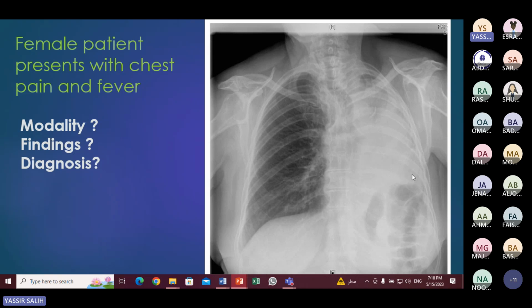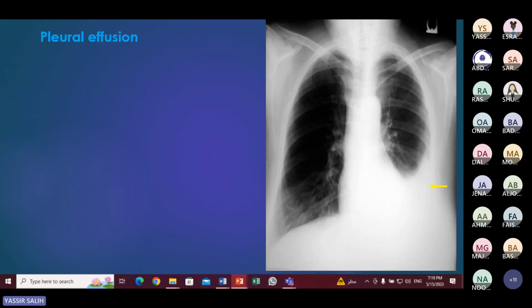But this is the most likely to be what? Lung collapse. Yes. So this is just X-ray: opaque hemithorax without air bronchogram, with reduced lung volume and ipsilateral mediastinal shift, and this is the most likely lung collapse.